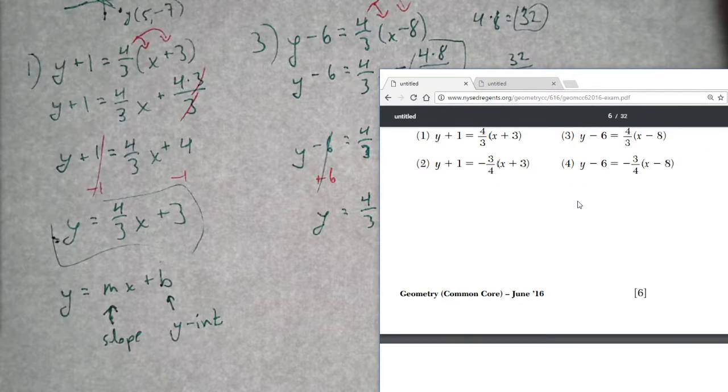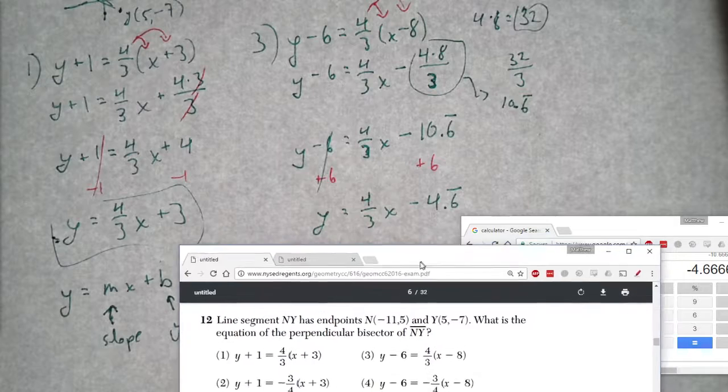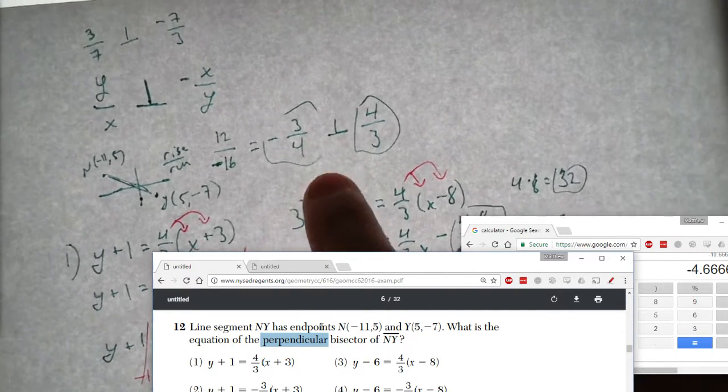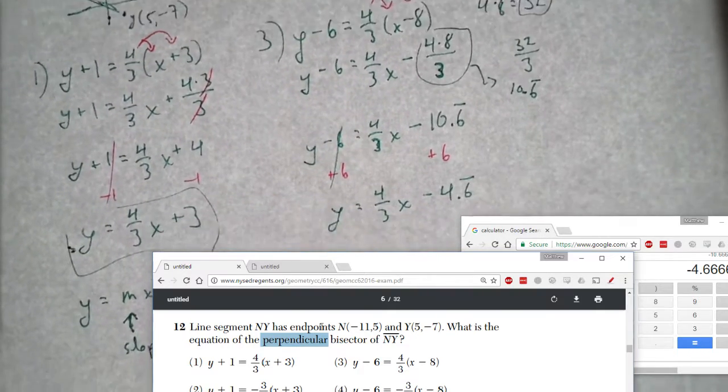Ah, look at that. So I know that both of these are perpendicular because we've already said that the slopes are the negative reciprocal of the slope we originally came up with, which we talked about up here. So it's got to be 1 or 3.